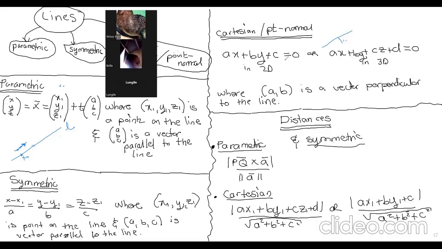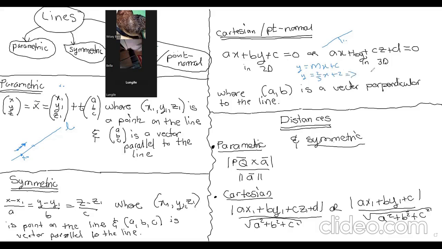Sometimes it can be represented as y equals mx plus c, but it's just the same thing. For example, let's say you have y equals 2 over 3 x plus 2. You can turn this into this by just multiplying by 3.